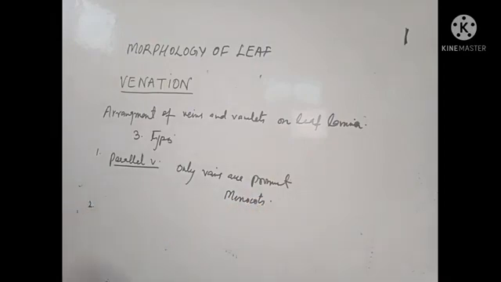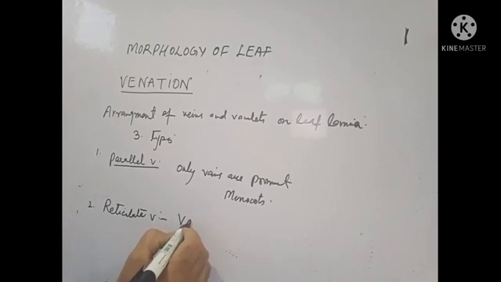Number second is reticulate venation. Here veins and veinlets are prominent, forming net-like structure.